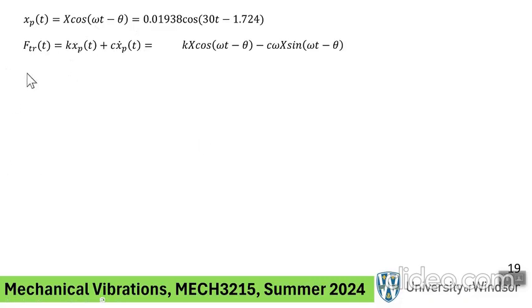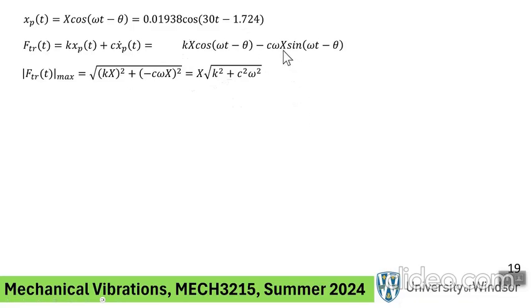So based on this expression, here is x, here is x dot. You're going to get a negative sign because of that cosine, right? And then the maximum value of this, if you don't believe it, is square root of (kx) squared plus (c omega x) squared. Please make sure that you understand why that is the case.